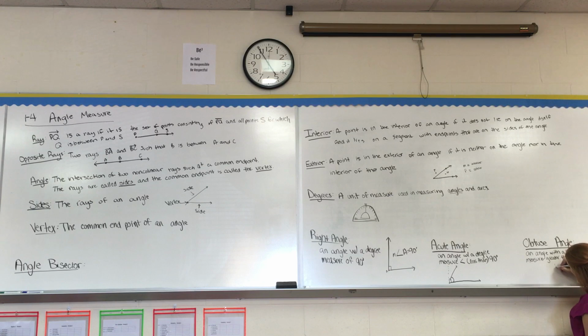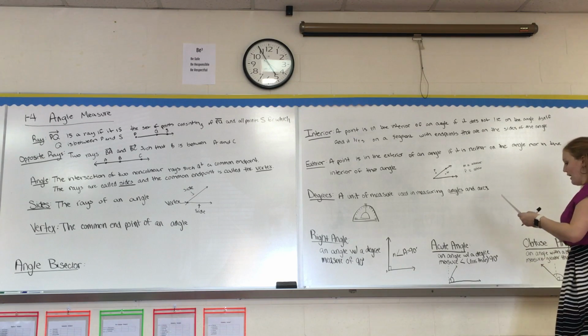So we have our little 90 degrees, right? It always helps to draw that. Then we have our horizontal ray and an obtuse angle is anywhere on this left side. So it's right here. This is our 90 degrees. This is obtuse. Okay, you guys are probably familiar with that.